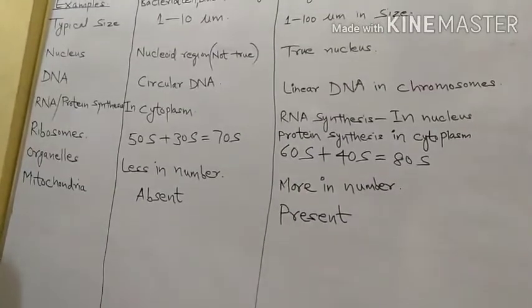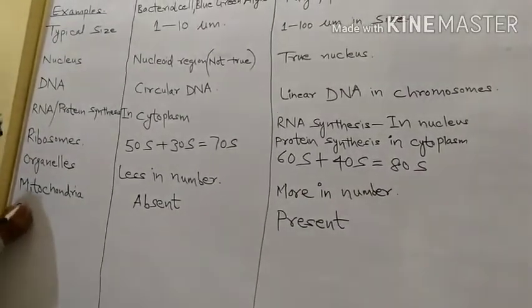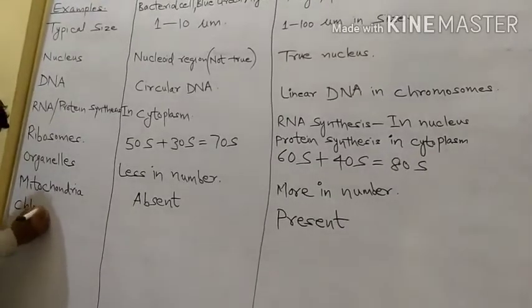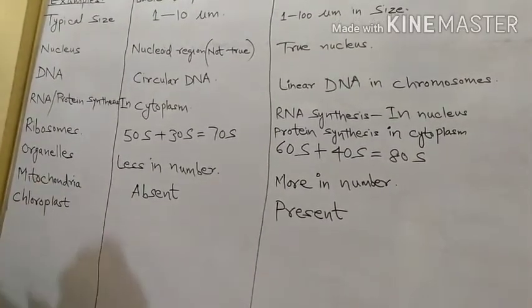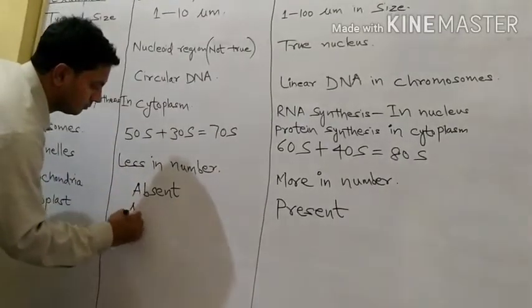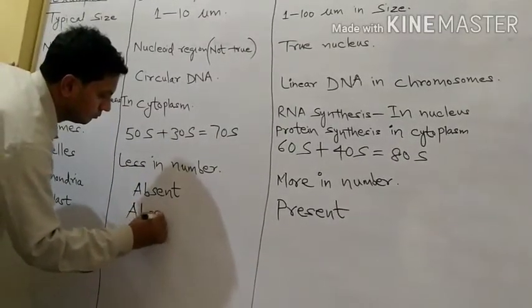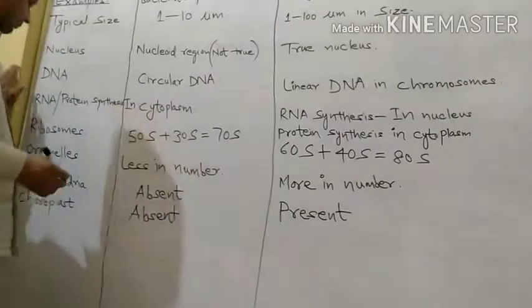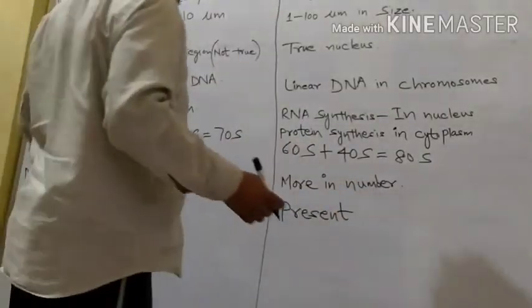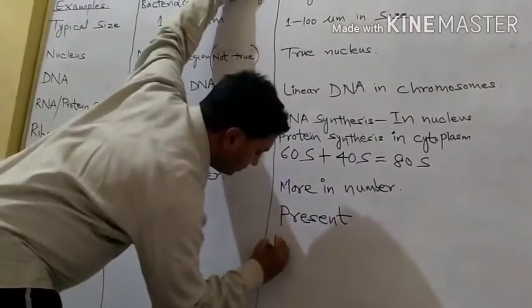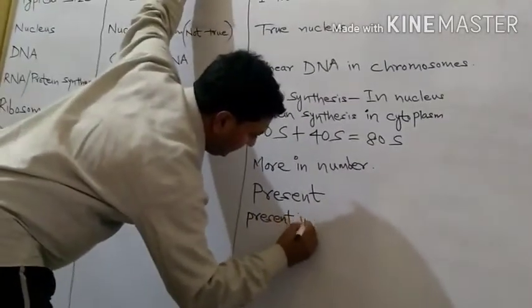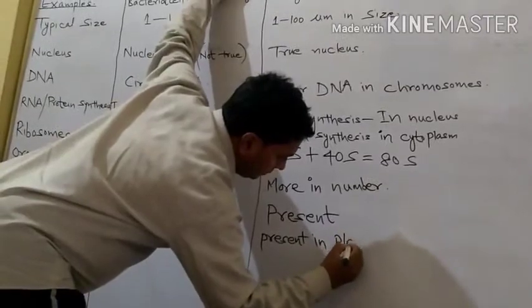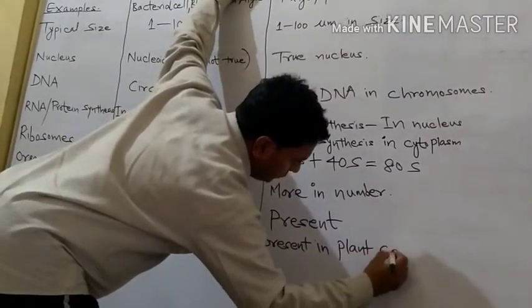Once again, chloroplast is absent. Chloroplast is present in plant cells.